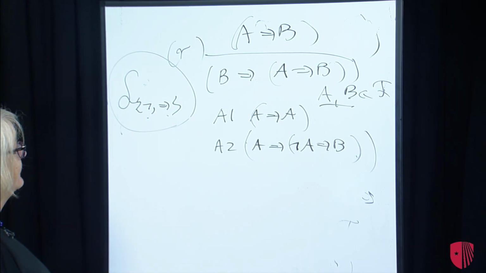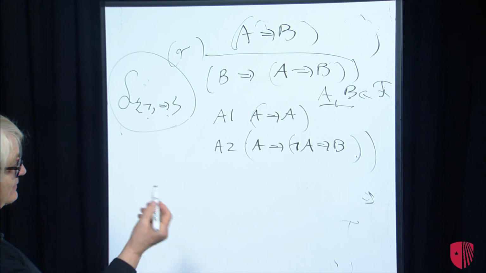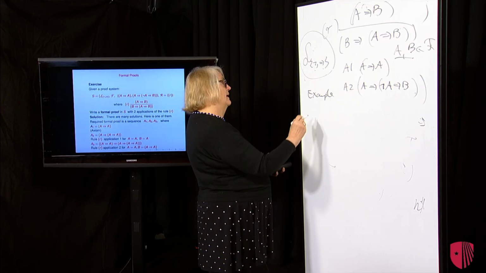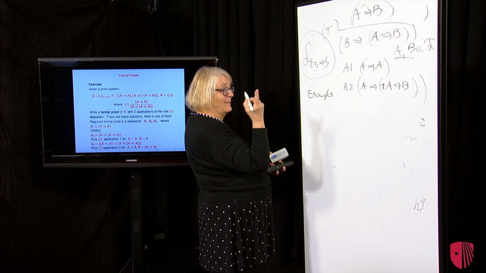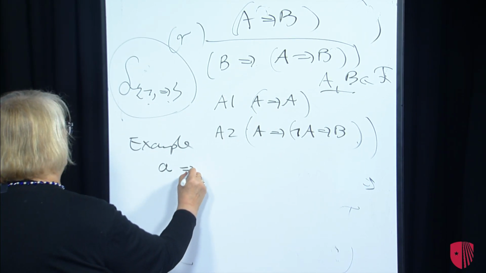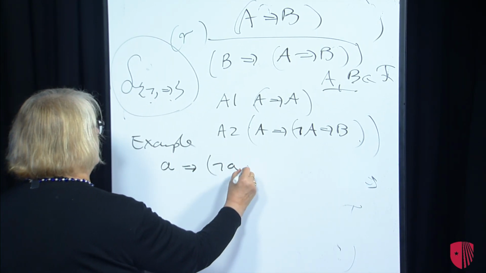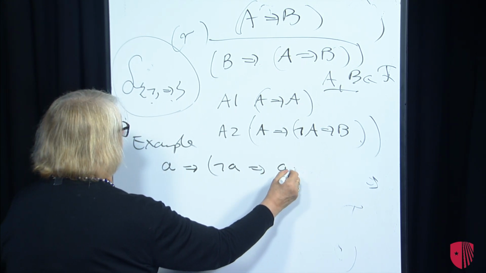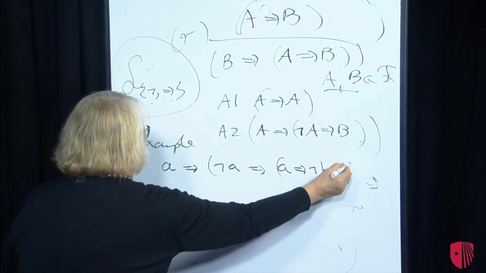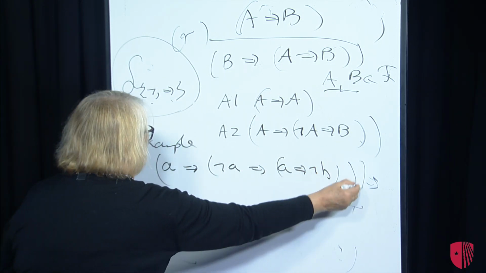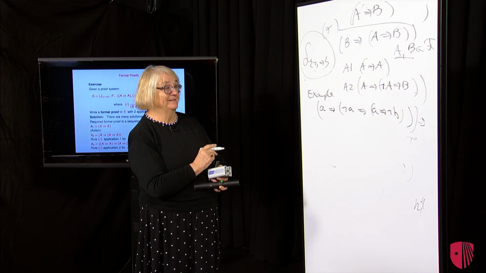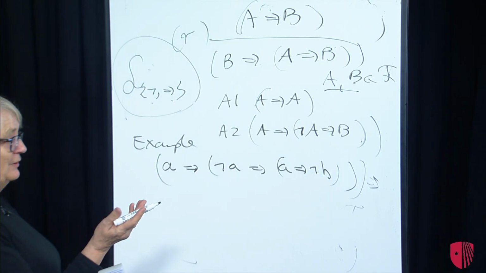And the rule says that if I have, so let's do an example of the proof. I write, first must be an axiom. So I write A implies not A implies A implies not B. Nice formula. Is this an axiom? Spy with your little eye.